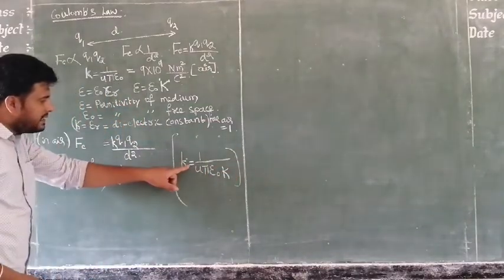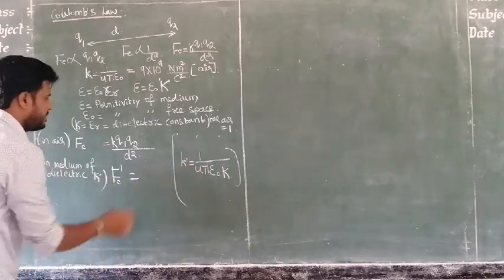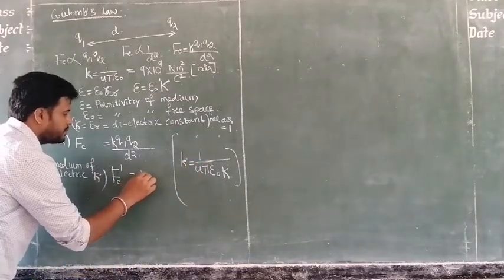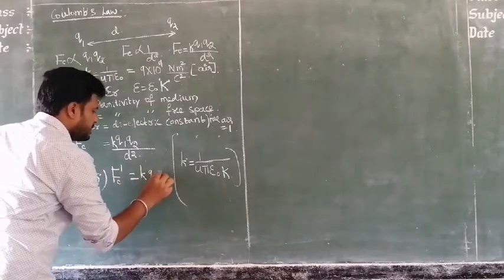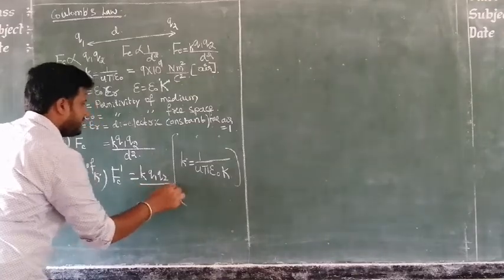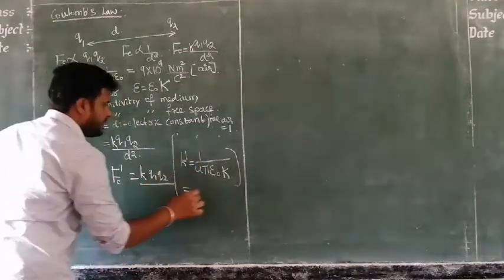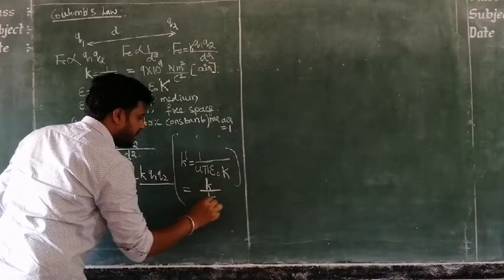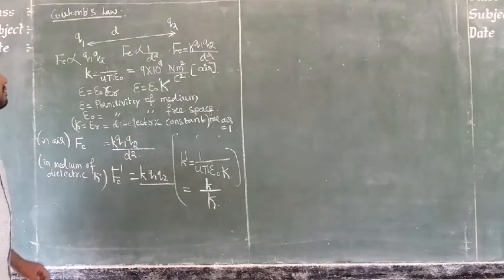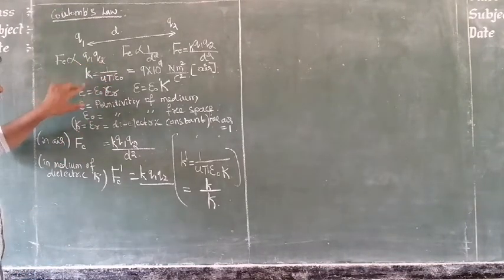So I can replace this here. Fe dash equals small k q1 q2 divided by d square, with small k divided by capital K. Why? 1 by 4 pi epsilon naught equals small k.